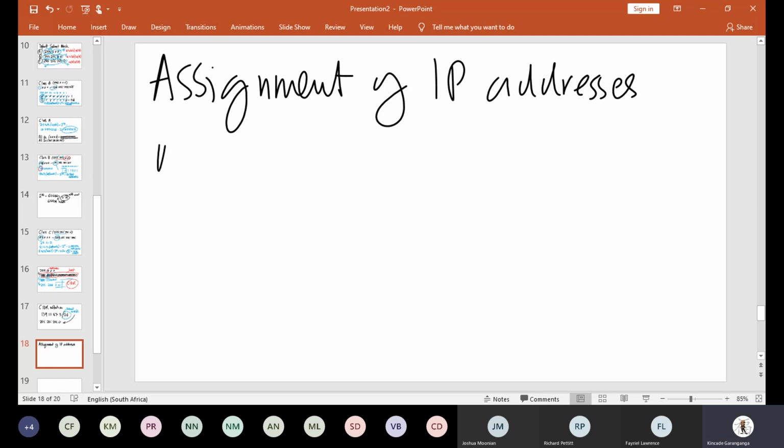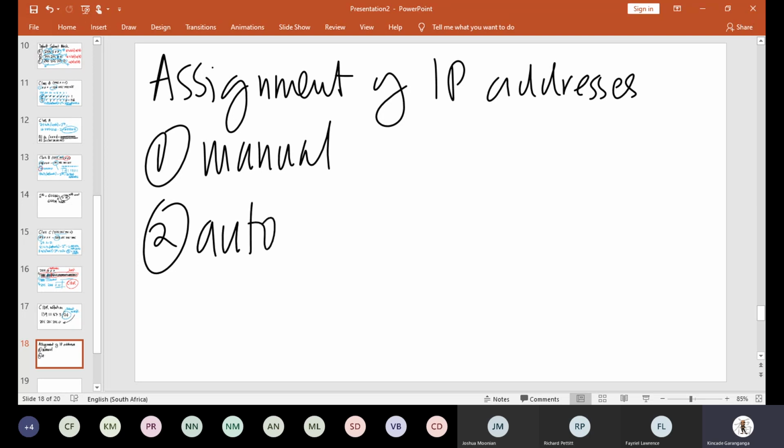And remember, this assignment can either be manual or it can be automated, so automatic. This is also going to assist you as far as your project or your POE is concerned.